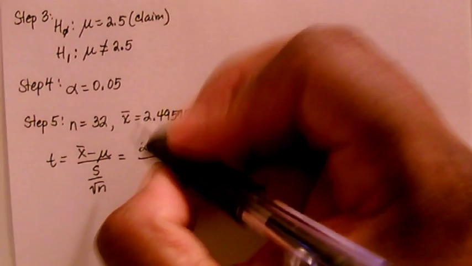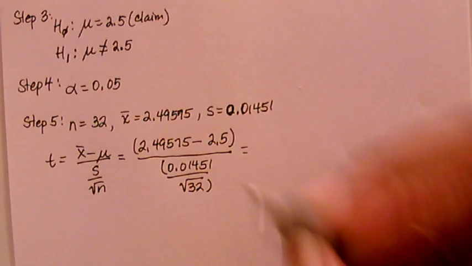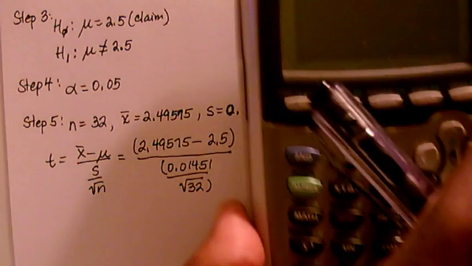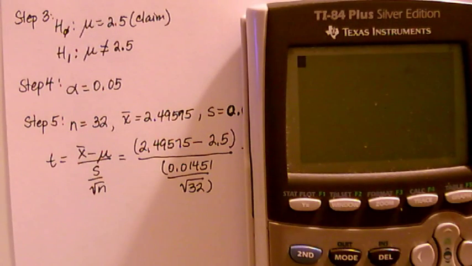Okay. Now, when we type this in the calculator, you want to put your numerator in parentheses and also your denominator in parentheses as well. So here's how we do this.